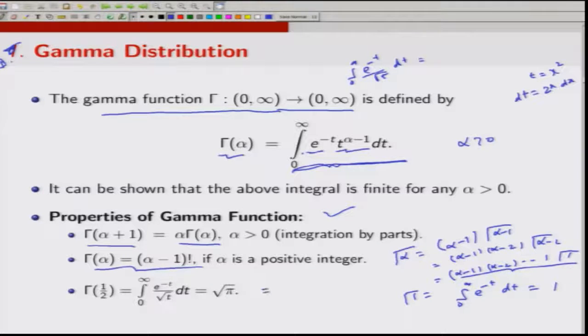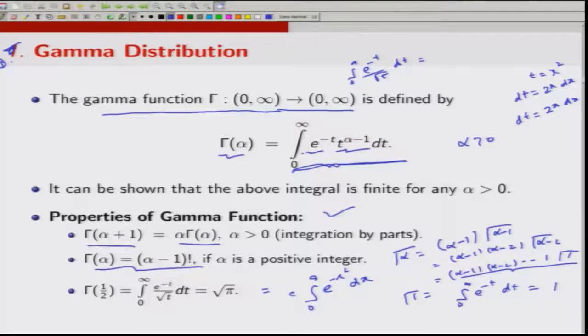So, this can be converted into an integral of the type 0 to infinity constant times e to power minus x square dx, because e to power minus t you put as x square. So, dt becomes twice x dx.